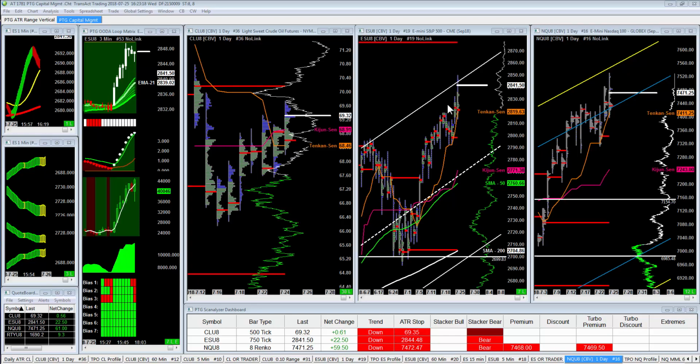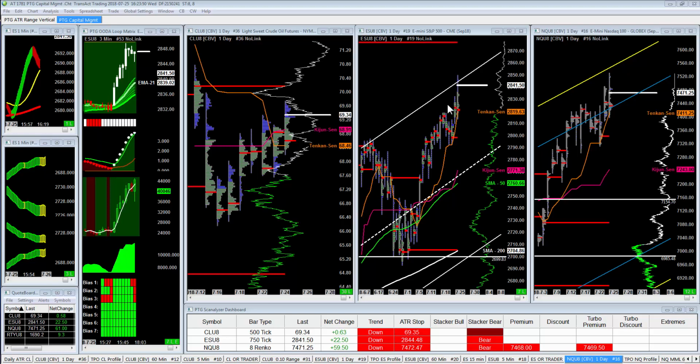So how I like to explain this overall is simply, take each instrument, and the three that we trade primarily are the S&P E-mini, the NQ, and crude oil, CL. And the way I like to explain this is think of each of those panels that you see there as a deck of cards.